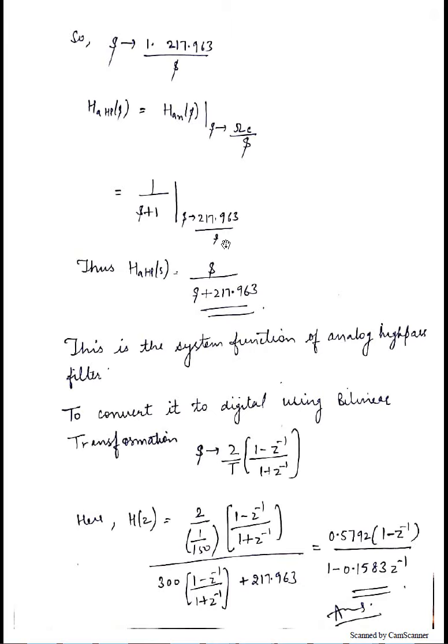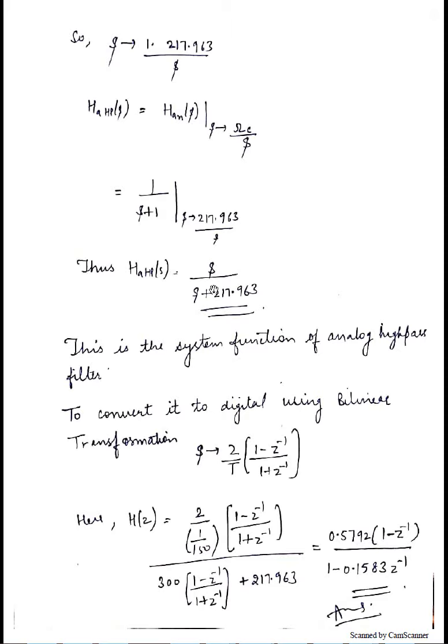If I replace s by 217.963 by s in this equation, you will get the analog equation for the high pass filter. So we have got the equation for the analog high pass filter.